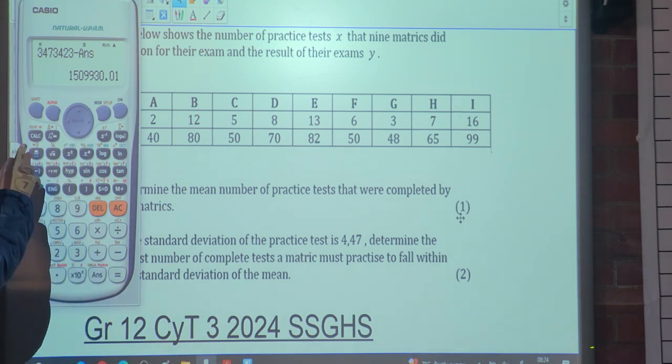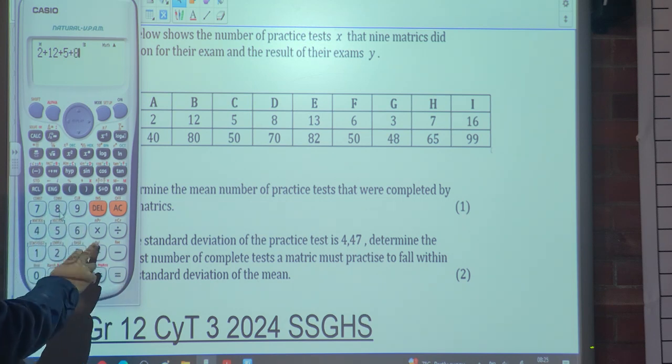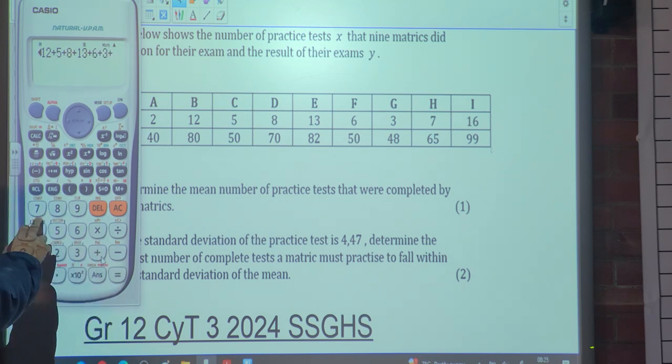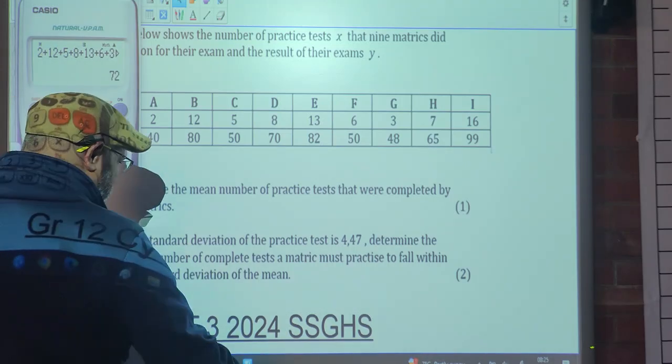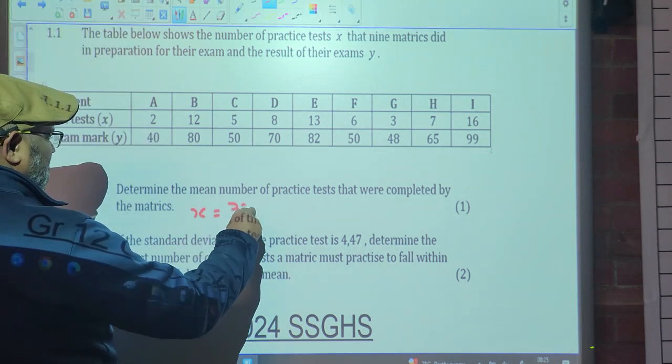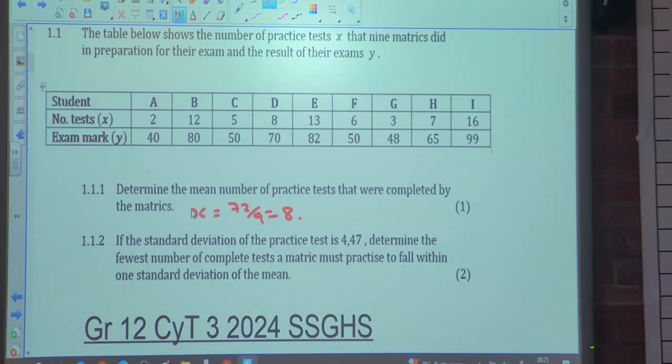So it's going to be 2 plus 12 plus 5 plus 8 plus 13 plus 6 plus 3 plus 7 plus 16. That is 72. It will be 72 over 9, which is 8.